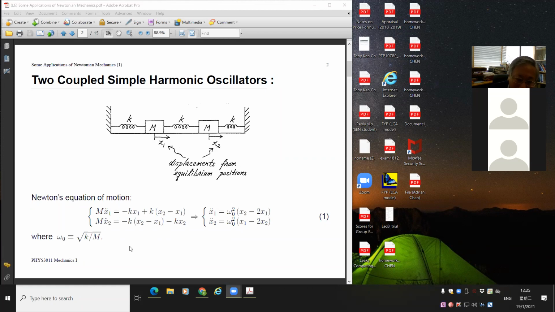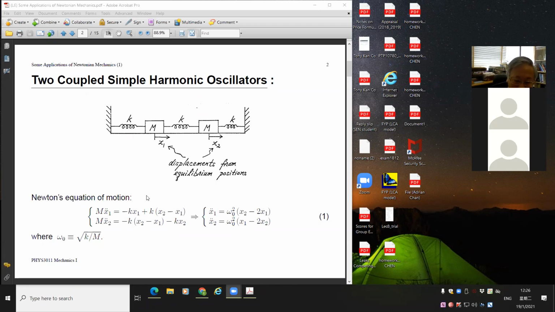As usual, we follow the standard steps of solving Newtonian mechanics problems. We draw the force diagram for block number 1 and another force diagram for block number 2. On the left-hand side, we have mass times the acceleration of block number 1.